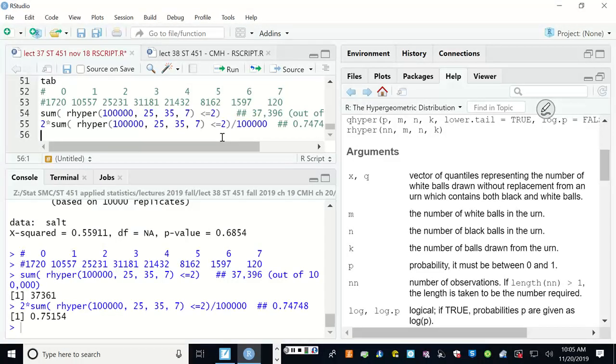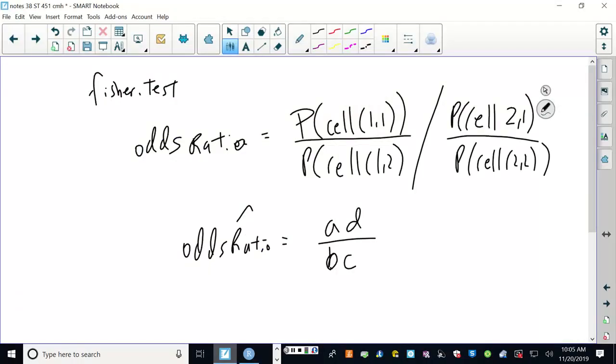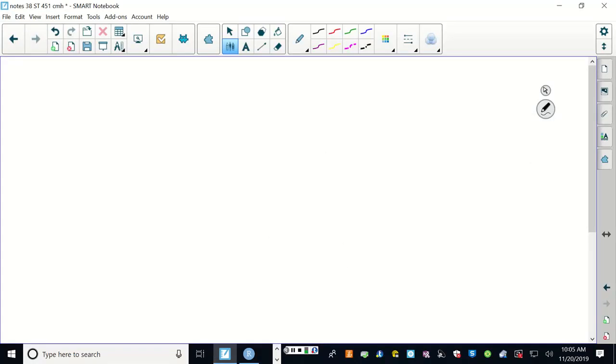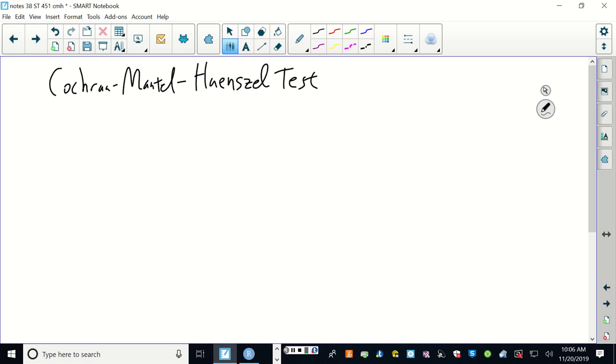So the extension of these things is the Cochran-Mantel-Haenszel test. Right. And so the scenario here is we have multiple 2x2 tables.